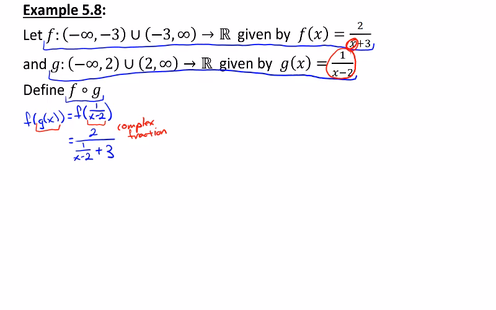So I'm going to make the whole number look like a fraction. So now it's a fraction plus a fraction. But these fractions are not compatible. They need to have a common denominator. So I'm going to take 3 over 1 and multiply it by x minus 2 over x minus 2. This should get me into a common denominator situation.